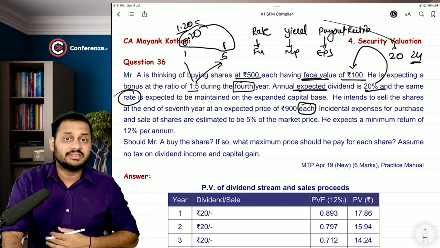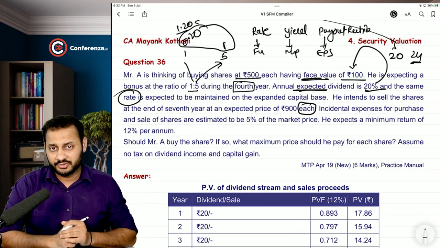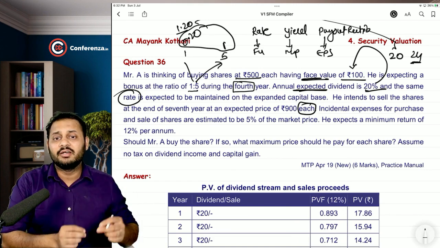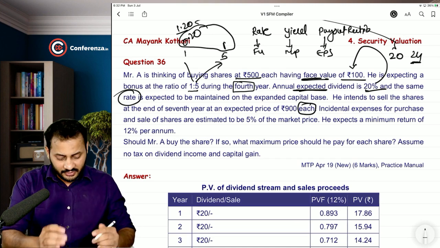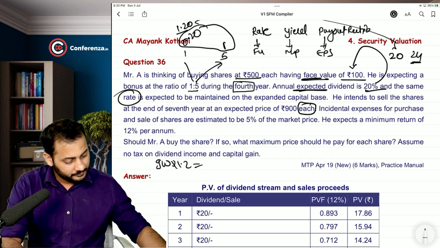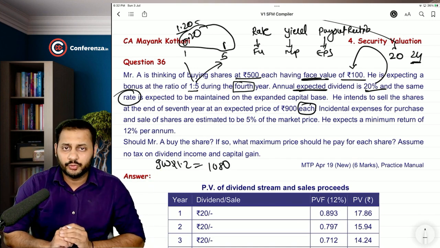The word each is important. At the end of 7th year, you have 1.20 shares, not just one. 1.20, and you can sell those shares at 900 rupees each. So 900 into 1.2 will be the selling price. That is 1080. So this is another cash inflow to you.